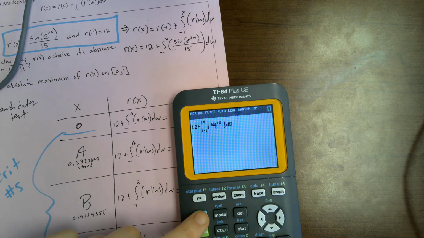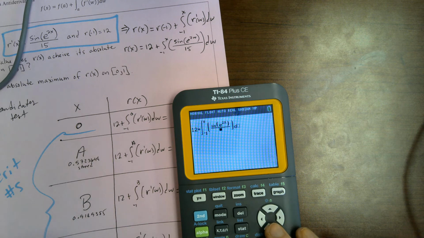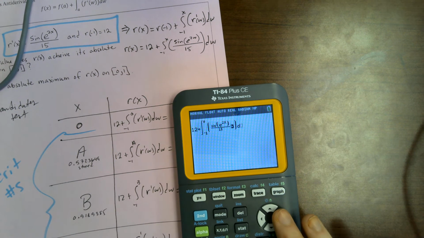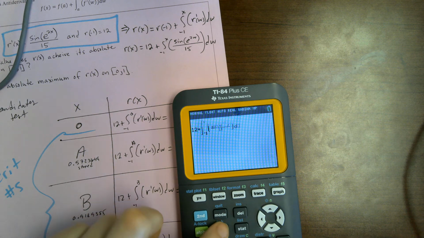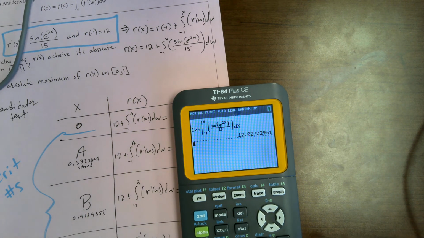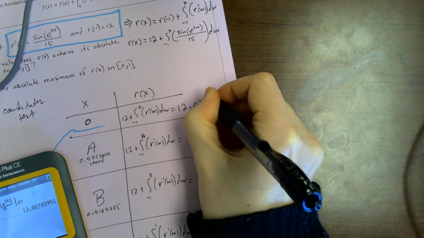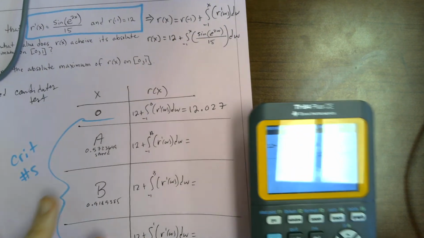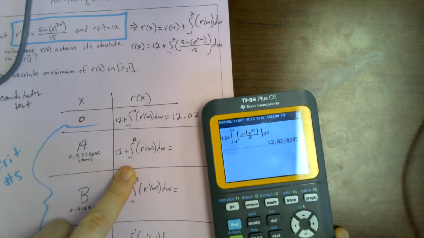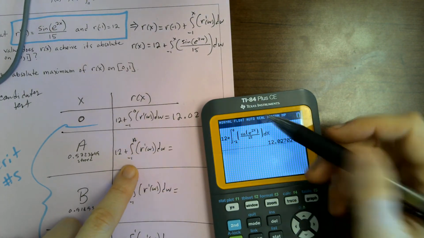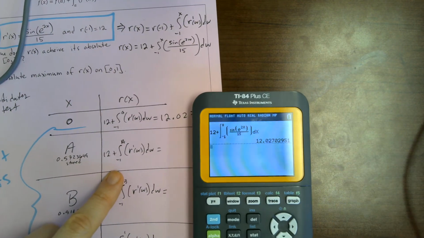How do I do e? Second, e to the 2x over 15 dx. Okay, 12.027. All right, now for this next one, the only thing I'm changing is that instead of 0 up top, I got to put a.